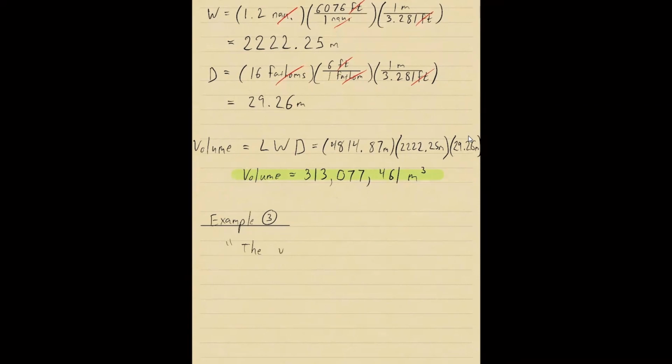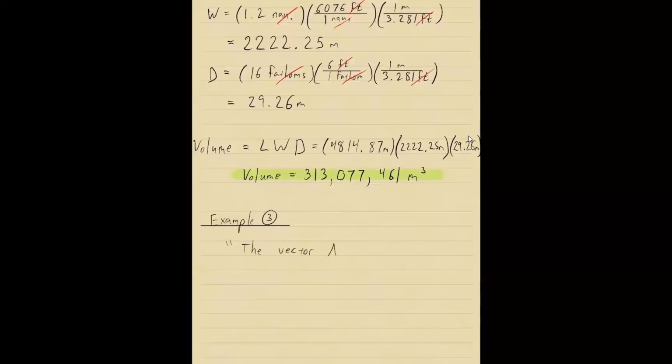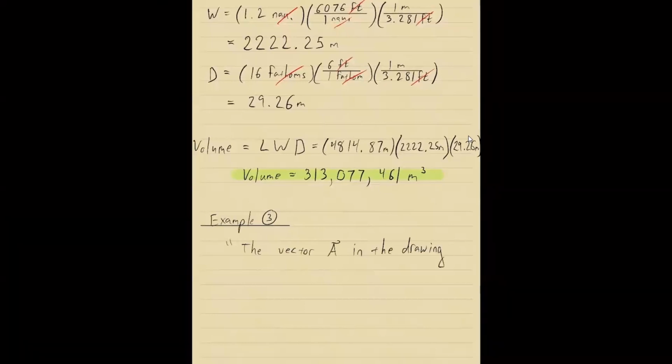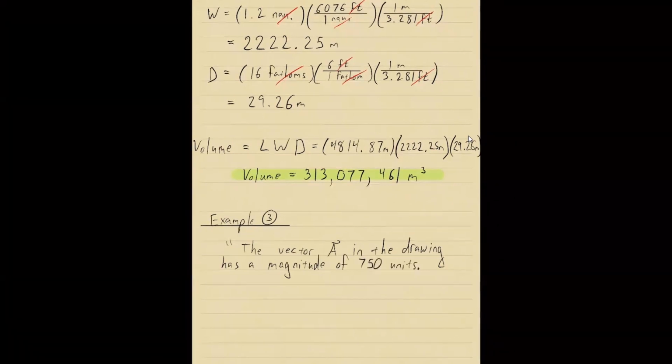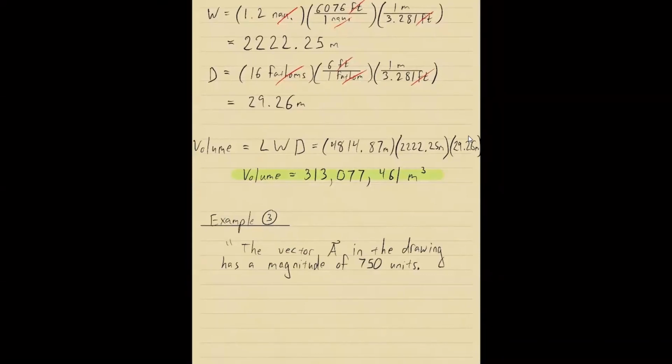The vector A in the drawing has a magnitude of 750 units. Problem wants us to determine the magnitude and direction.